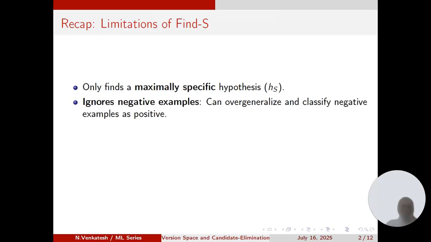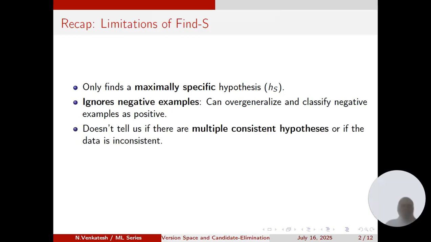As it ignores the negative examples, we cannot say whether it correctly classifies the negative examples or not. And even if the data has noise or inconsistencies, Find-S returns one hypothesis without actually checking. Even when you have multiple hypotheses, it is going to return only one hypothesis.